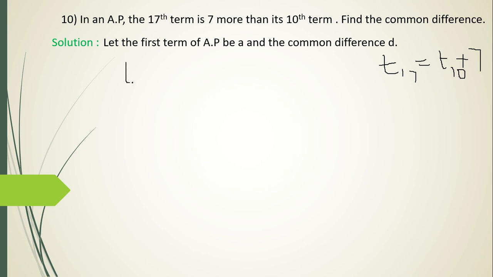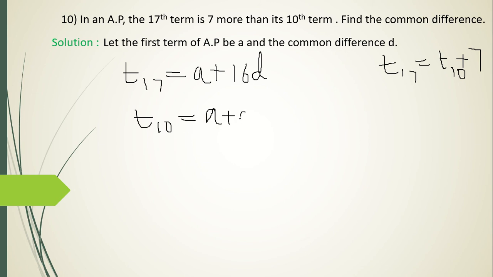So T17 is going to be what according to the formula? A plus 17 minus 1, that is 16D. And the 10th term is going to be what? A plus 10 minus 1, that is 9D. This is what we will get, the 17th term and the 10th term.